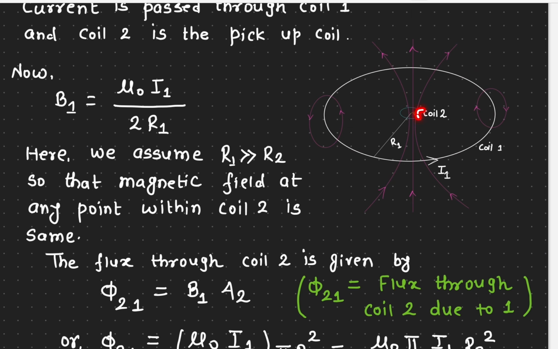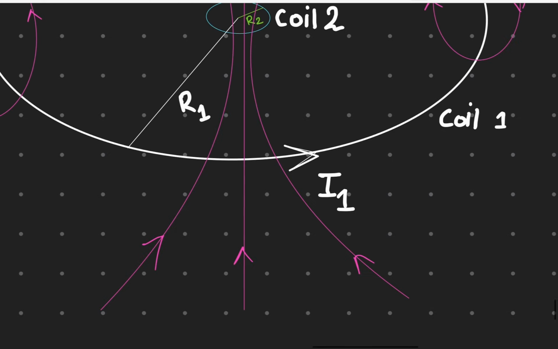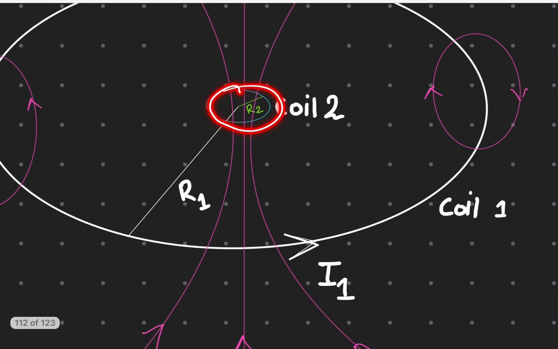So the flux passing through the second coil can be given by the magnetic field times the area of this coil.